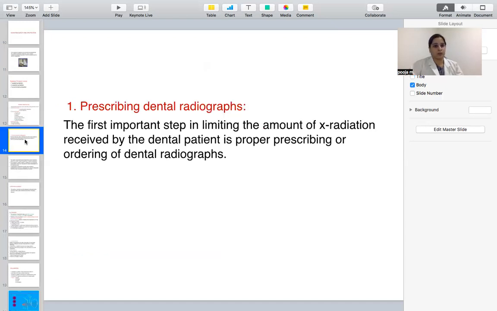Coming to before exposure, that is patient protection before exposure, under which we have prescribing a dental radiograph. So prescribing a dental radiograph as and when needed, a dentist should assess or evaluate the patient's condition, as each patient's condition is different. So it should not be predetermined.